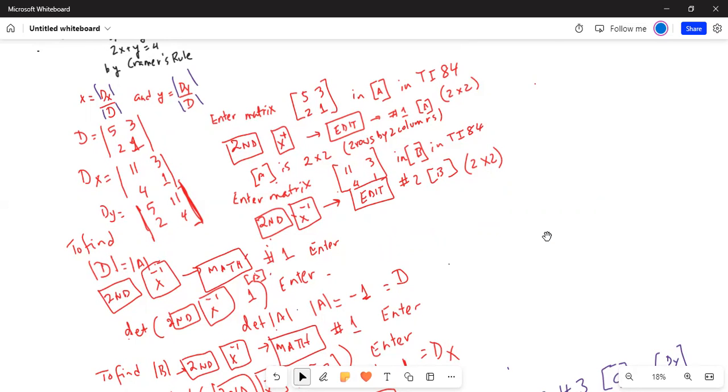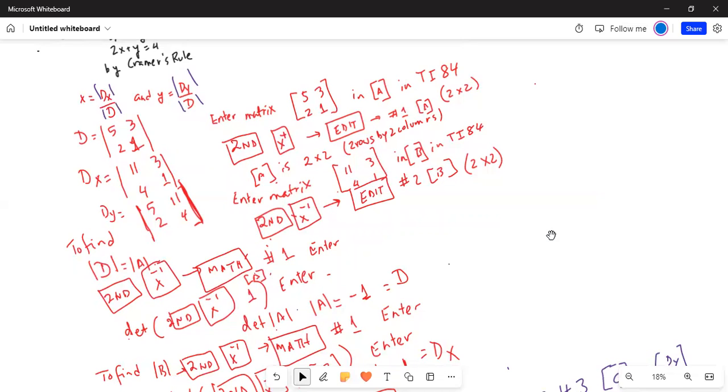We get DET in our TI-84, and inside the parenthesis, again second x inverse, then select number 1, which gives us matrix A, close the parenthesis and enter. The determinant of A, which is D basically, is equal to minus 1.